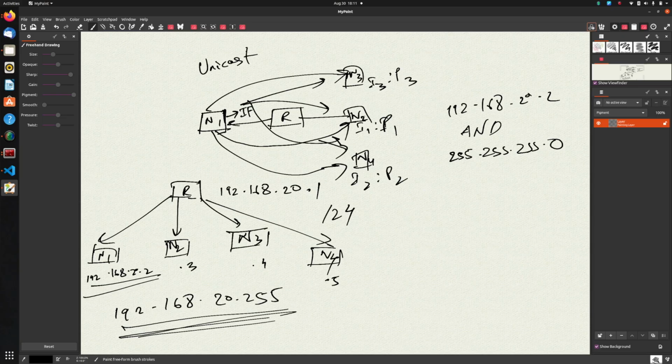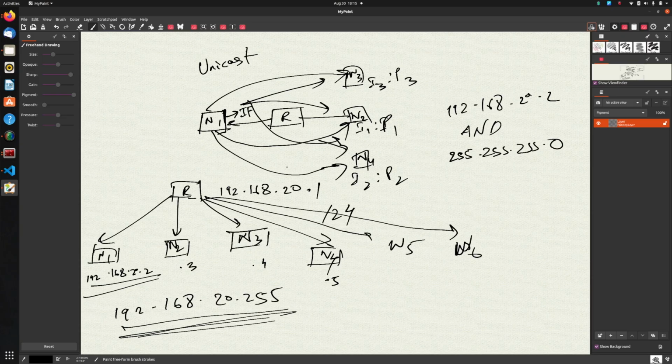Like for example, let's consider there is another node N5, right, and another node, let's say N6. So now there are a total of six nodes in the network, but now there is an issue with this method. I won't call it an issue or a problem, but it's simply how UDP broadcast works.